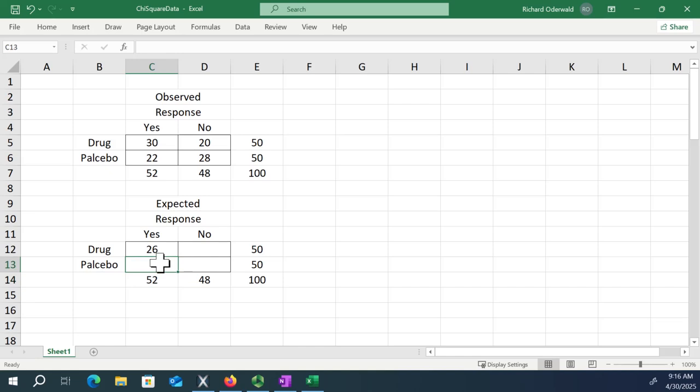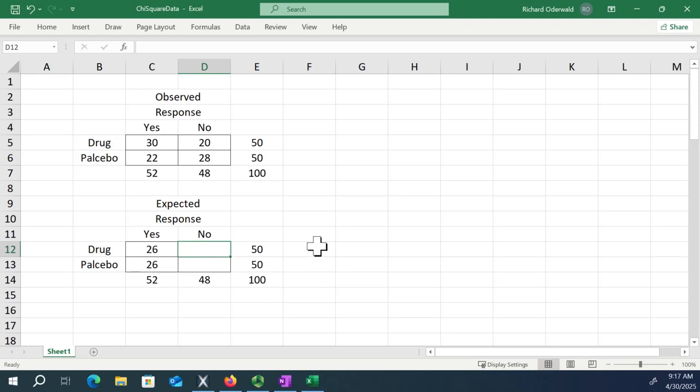The next one is exactly the same calculation, and it's exactly the same value, but it's not always the case. So it's 50, and I'll do it differently, divided by 100, and then multiply it times the 52, and I get 26 again. So this is just how many I expect.